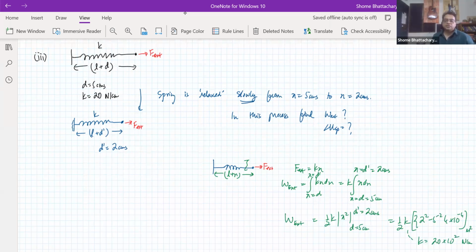So this time we will get the work done as a negative quantity. So the work done is half into 20 into 10 raised power 2 into 9 minus 25. So that is minus 16 into 10 raised power minus 4. We will get the work done as minus 1.6 joules.